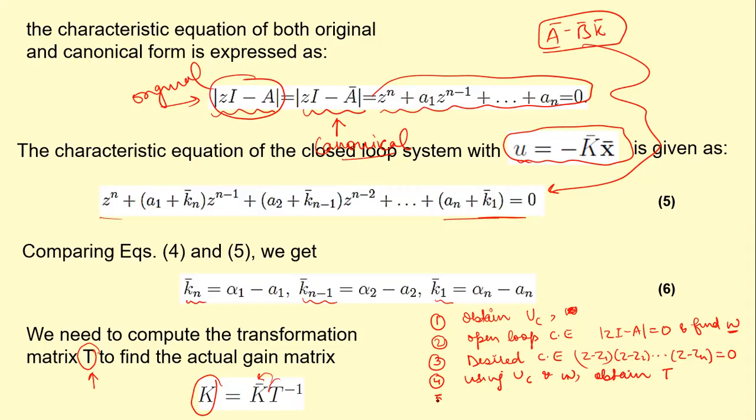The last step is to find K using K is equal to K bar T inverse, right? So by using this procedure, we can easily find out a state feedback controller for the given state space model, right?